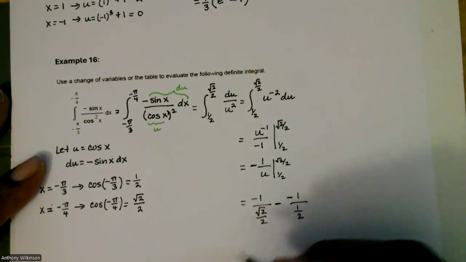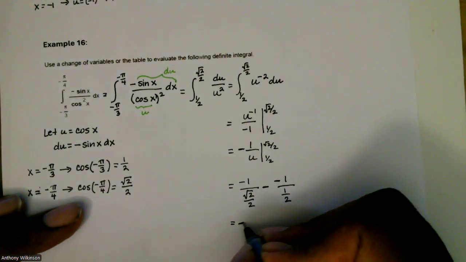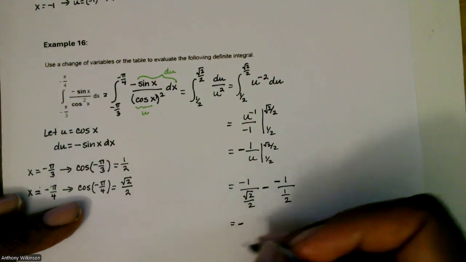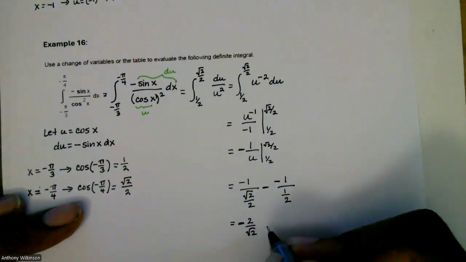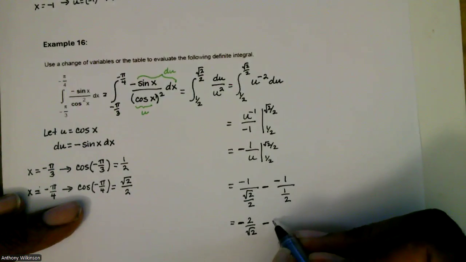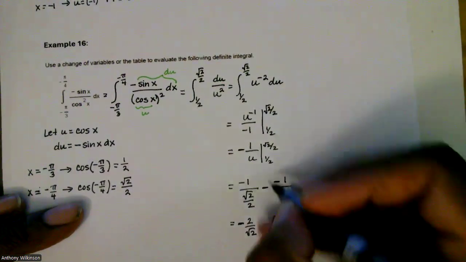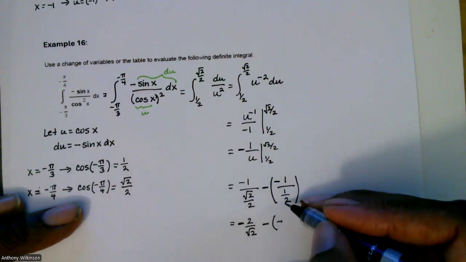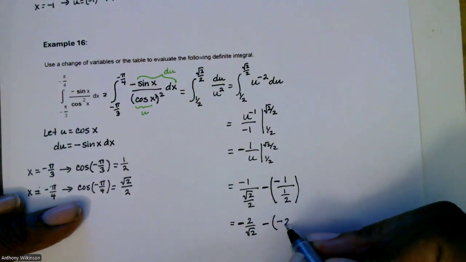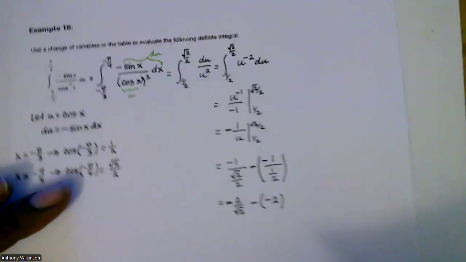Let's see how we can simplify this. The reciprocal, and I know it's going to be negative, the reciprocal of the square root of 2 over 2 will be 2 over the square root of 2, minus, and I might want to put this in parentheses here, negative, the reciprocal of 1/2, which will be 2, so I have negative 2 here.